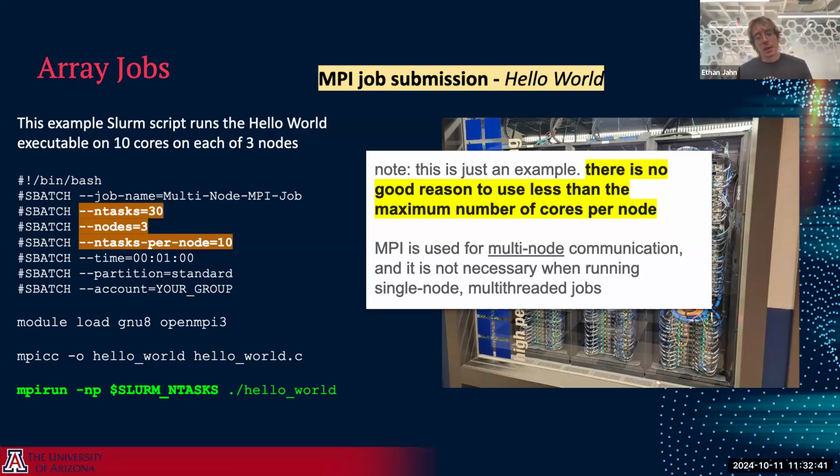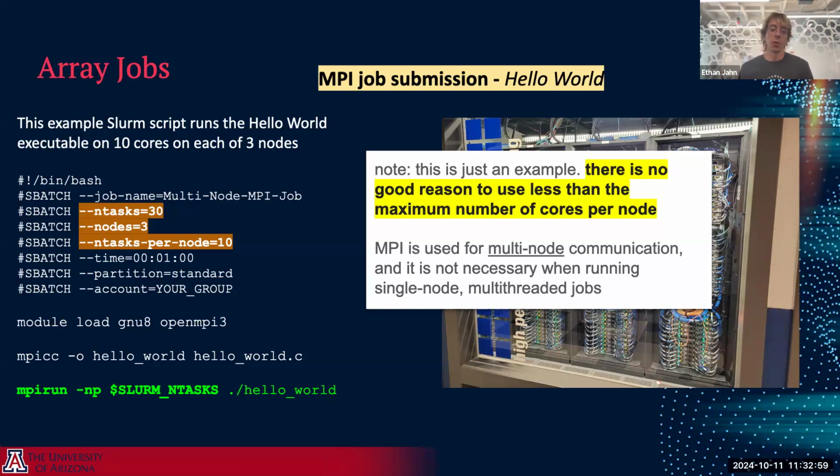The reason for this is that multi-node communication is, of course, as we discussed, complex and requires some overhead. So that's some initial processes that need to run at the beginning of a program in order to establish the multi-node communication. So if you don't need to do that, there's not really a good reason to.